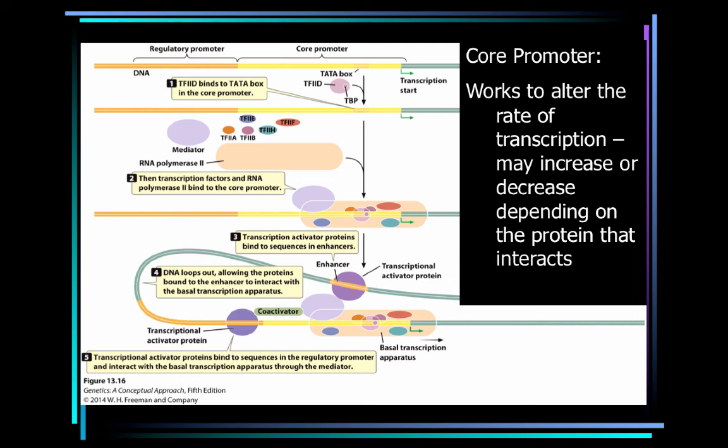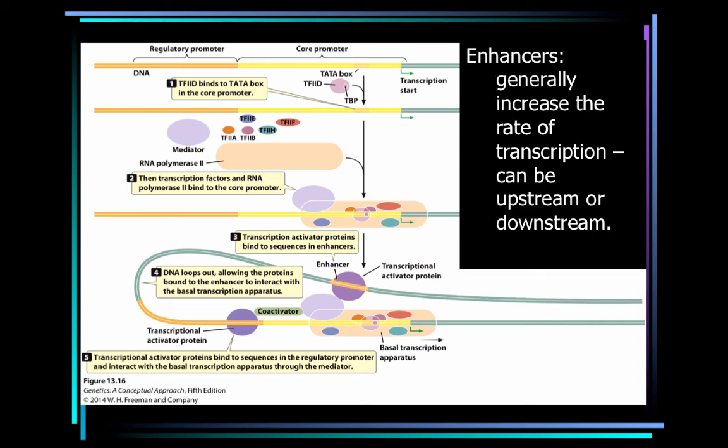The core promoter is going to then work to alter the rate of transcription, so how fast it actually happens. So it can increase it or it can decrease the speed of it depending on the protein that it interacts with.